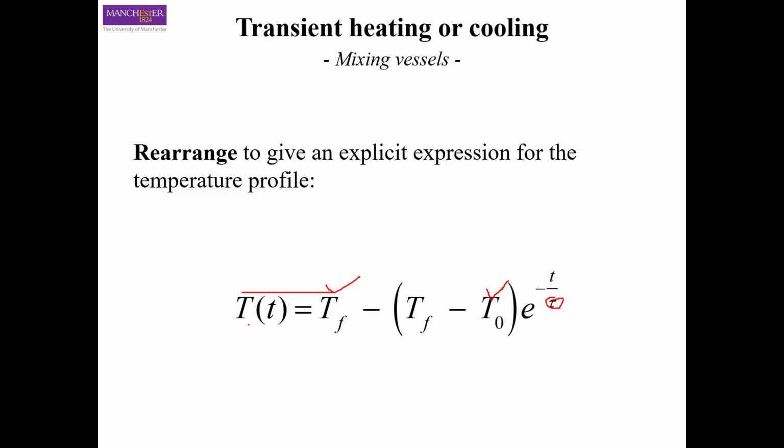Okay, so how quickly you can achieve a certain temperature is based on these three variables: Tf, T node, and tau. And by fixing your system in terms of the fluid or your heating geometry, you can make these variables constant.